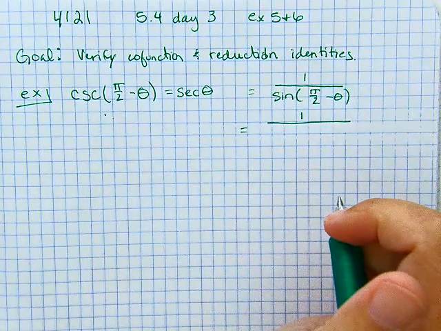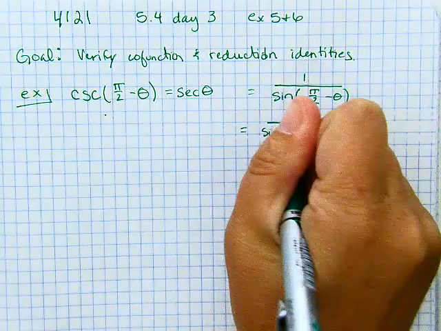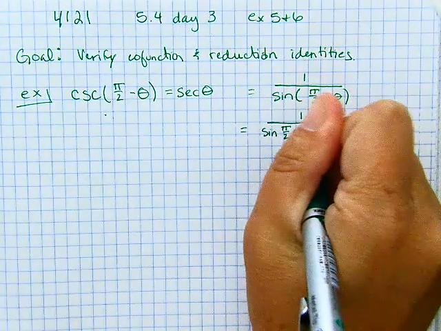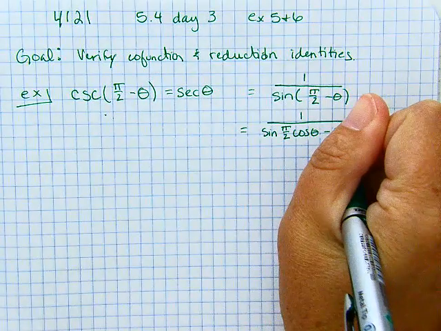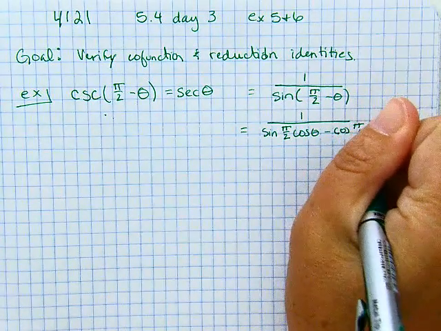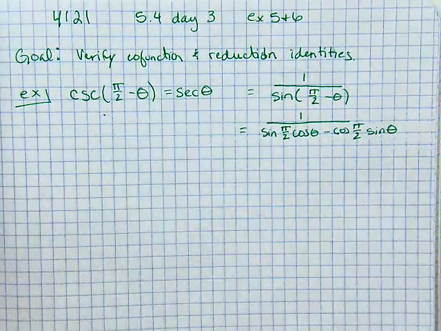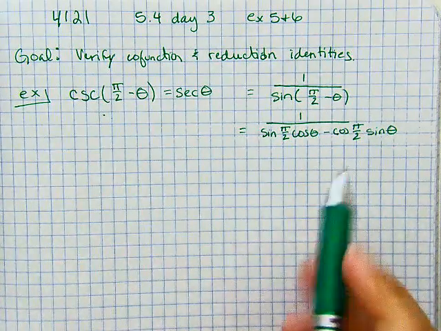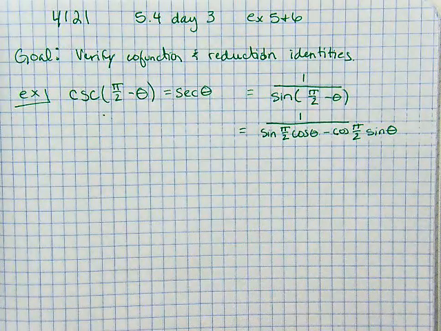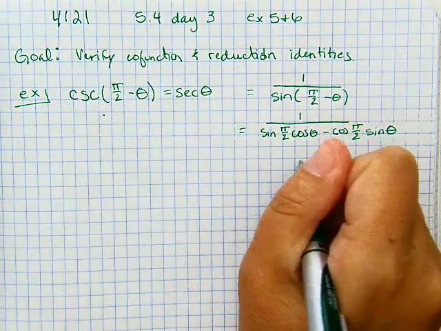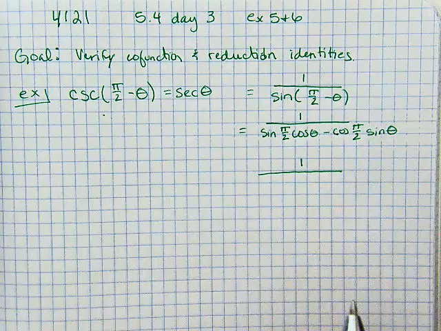And sine is different but the same, so that means this will be sine of pi over 2 cosine of theta minus cosine of pi over 2 sine of theta. And then sine of pi over 2 is, I know that unit circle hasn't gone away yet, although it's stuck around for a lot longer.